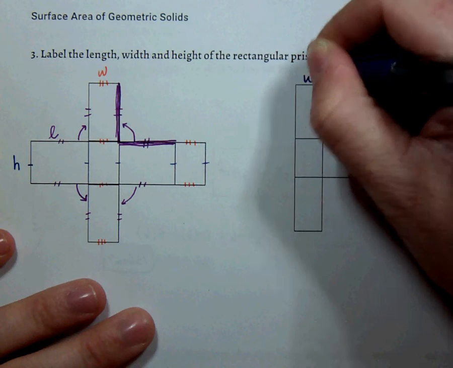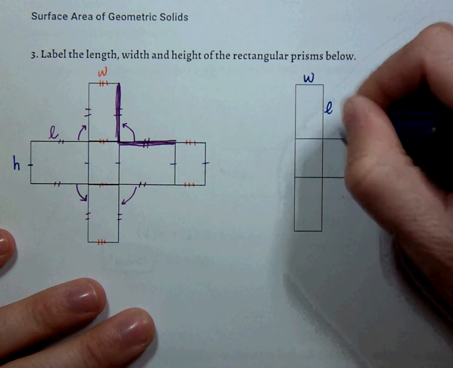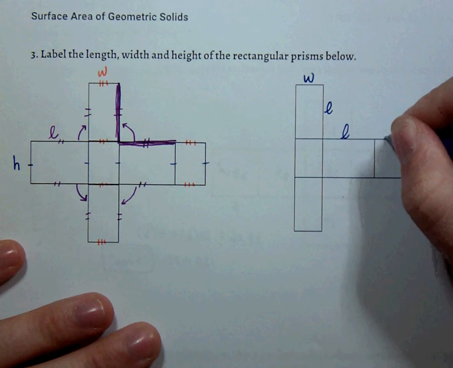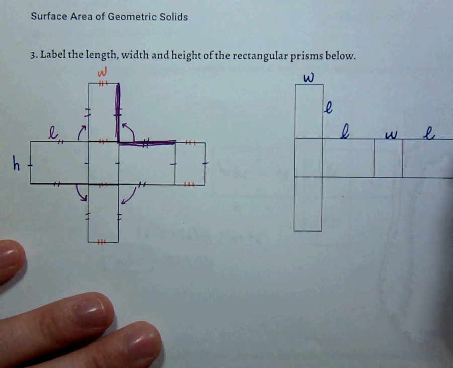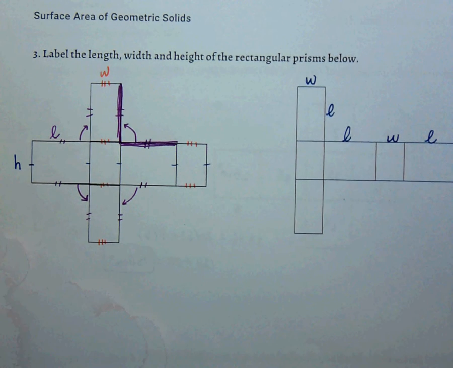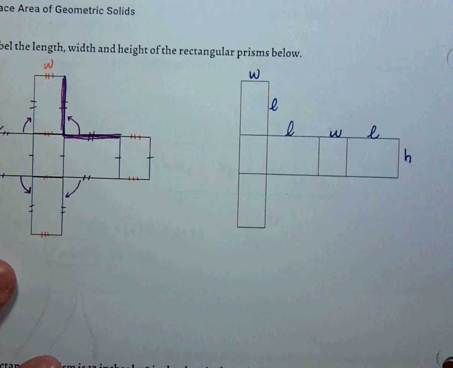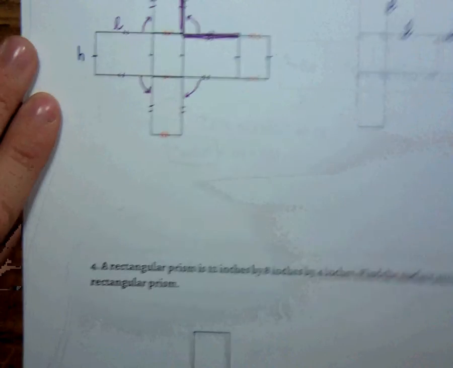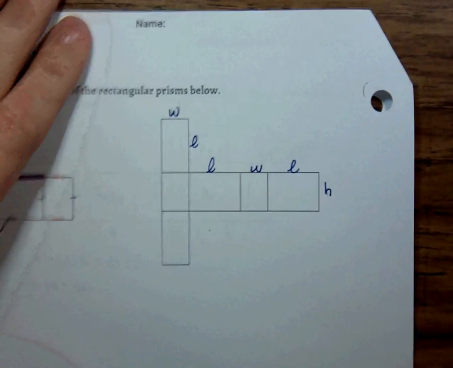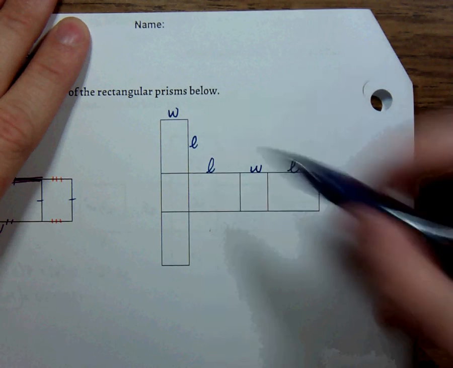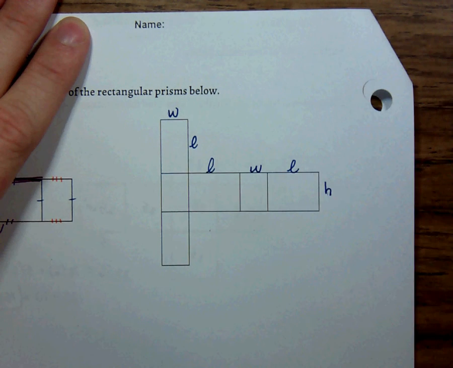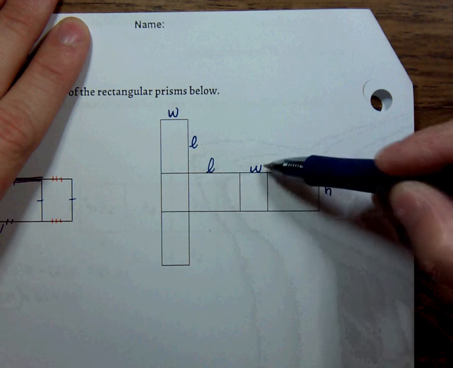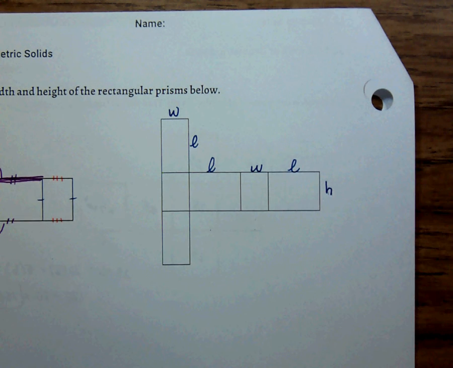So remember, this is width, length, length, width, length, and that's the height. I'll do that again on the bottom. Or we could do it like this, where we start with width, length, length, width, length, height. And as long as you have these notes somewhere, you can always refer back to them.